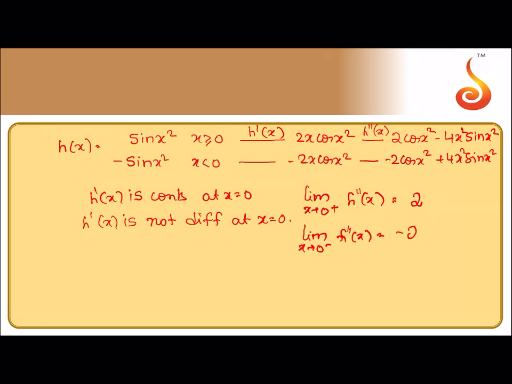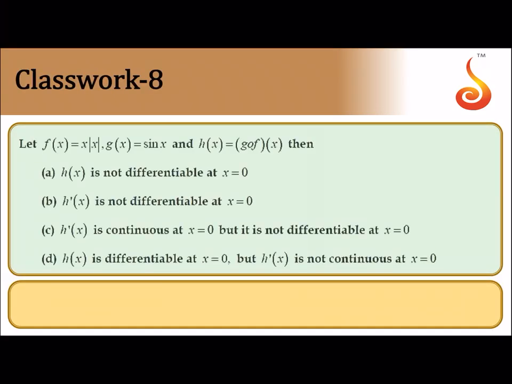Because limit x tending to 0 plus, h double dash x will give you plus 2, limit x tending to 0 minus, h double dash x will give you minus 2.